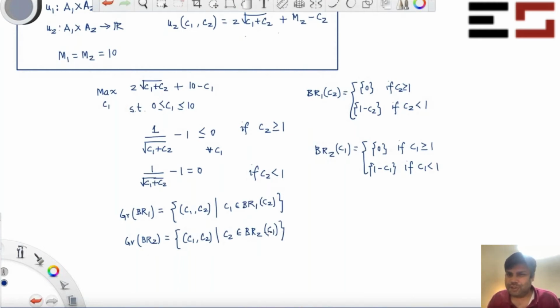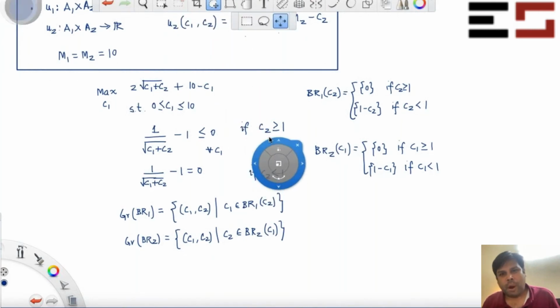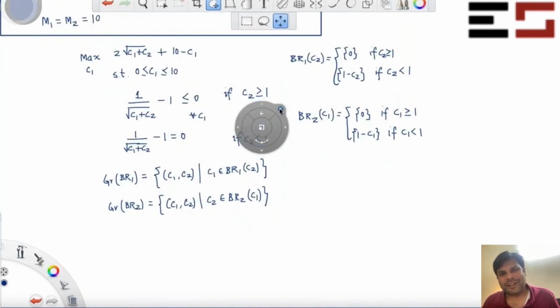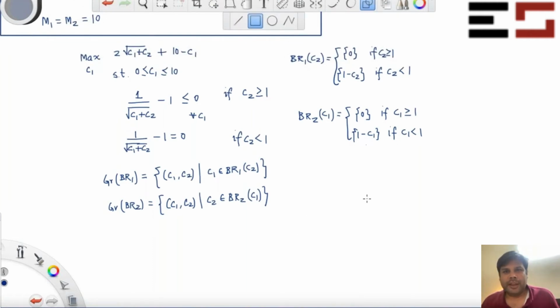The intersection of these two graphs will give you the Nash equilibrium. So you just have to plot these graphs in R2 plus.